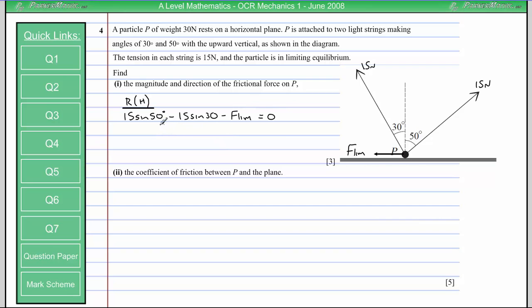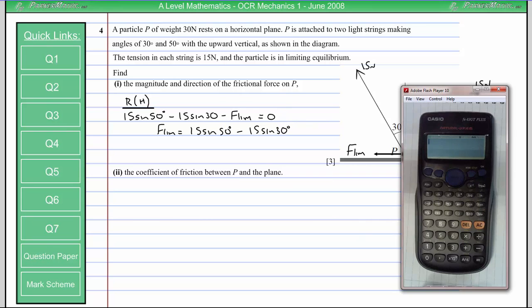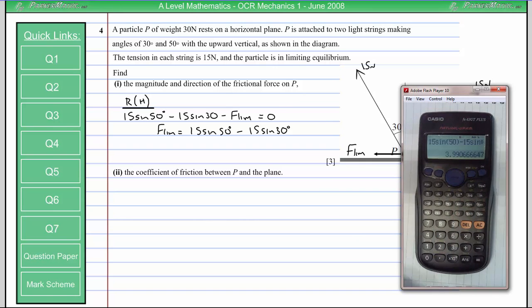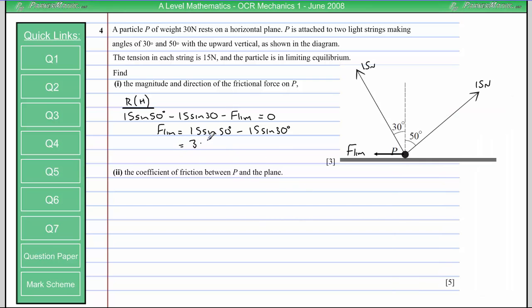If we rearrange to get F lim on its own by adding F lim to both sides, we'll get limiting friction is equal to 15 sine 50 minus 15 sine 30. Let's put that into our calculator. 15 sine 50 minus 15 sine 30 gives us 3.99 newtons to three significant figures.